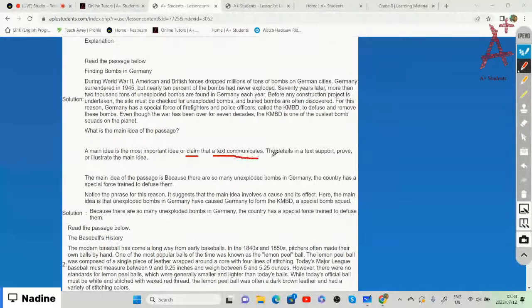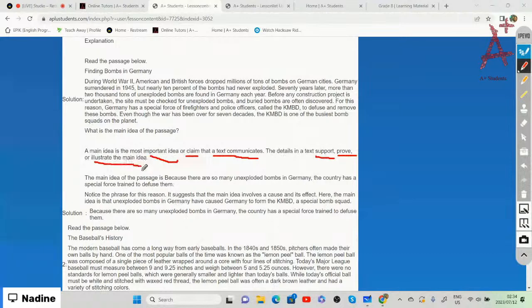It tells us what our topic is about. It's the information that stands out. The details in a text support, prove, and illustrate the main idea.